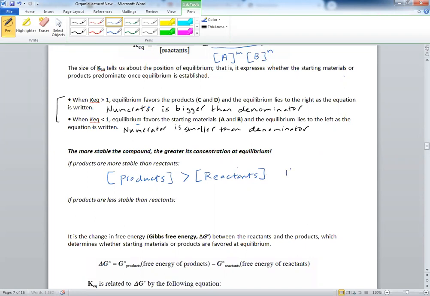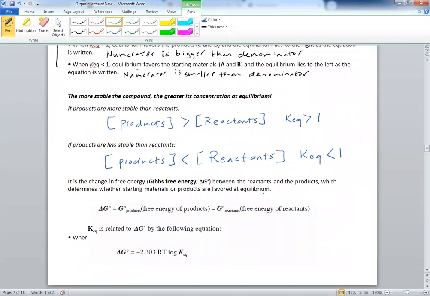And of course, that means KEQ is greater than 1. If the products are less stable, it means we're going to form less. So they will be less than the reactants. And of course, in this case, KEQ will be less than 1.